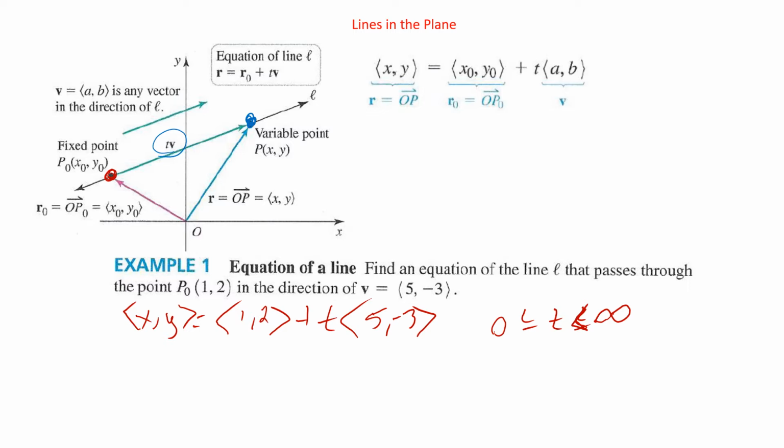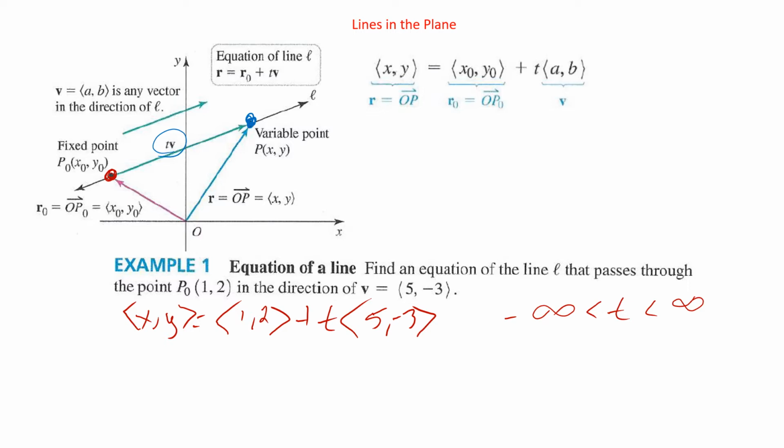The t was fine. Other than that, how about we go to negative infinity is less than t is less than infinity. So, because it could go in the negative direction, it could go in the positive direction, it could go out as far as it wants. It's just going to be in that direction.